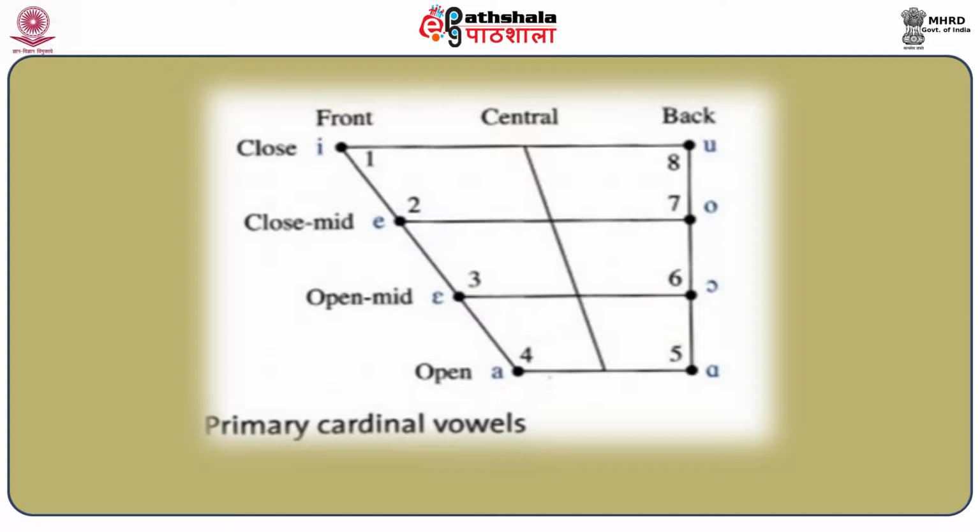For example, the Hindi E as in is, or the Hindi E as in eek, or the difference between, let's say, kisi. The first E is short and the last E is long, close to cardinal vowel 1.